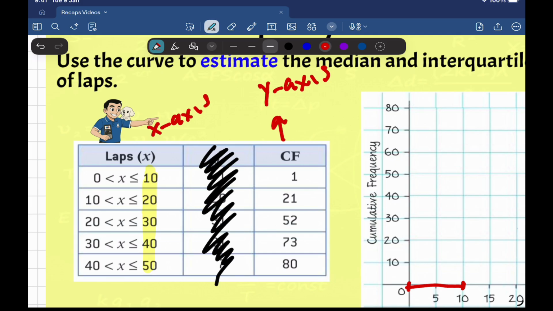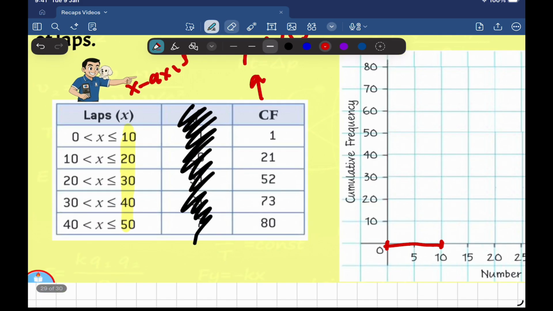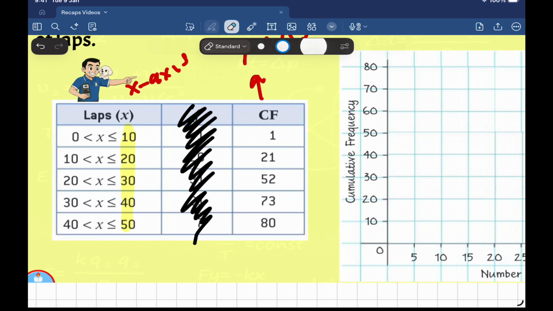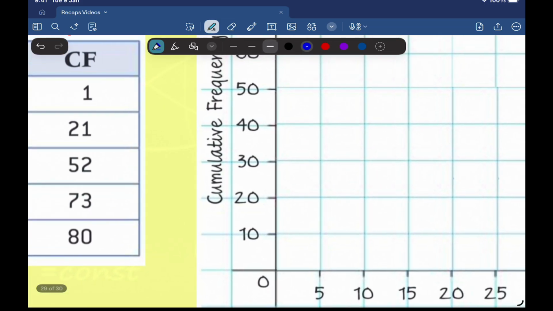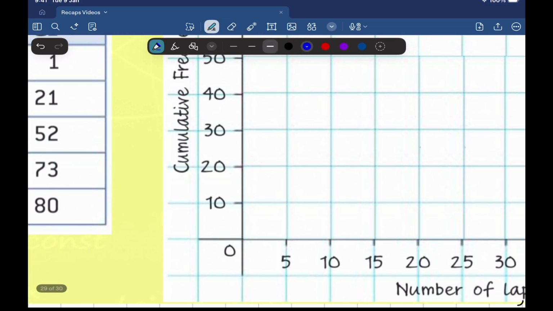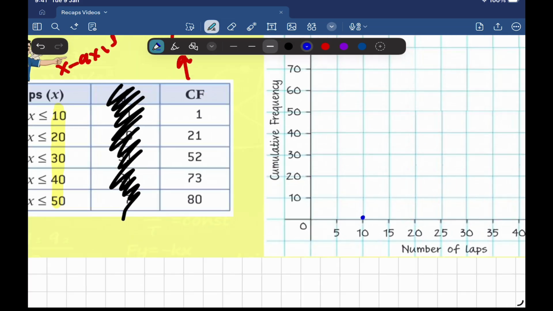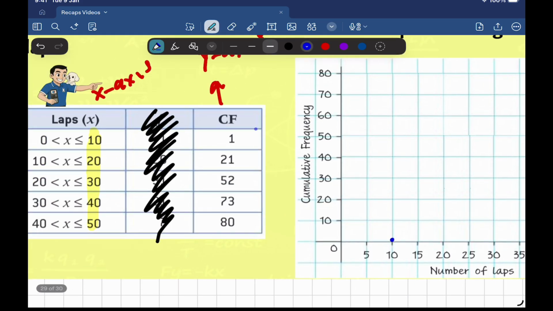Remember, when we are going to draw a point, we need x and y. Let me use blue. Between 0 and 10, we are going to use a 10. We have 10 in the x-axis with 1 in the vertical axis. So this is like here, 1, a little point.